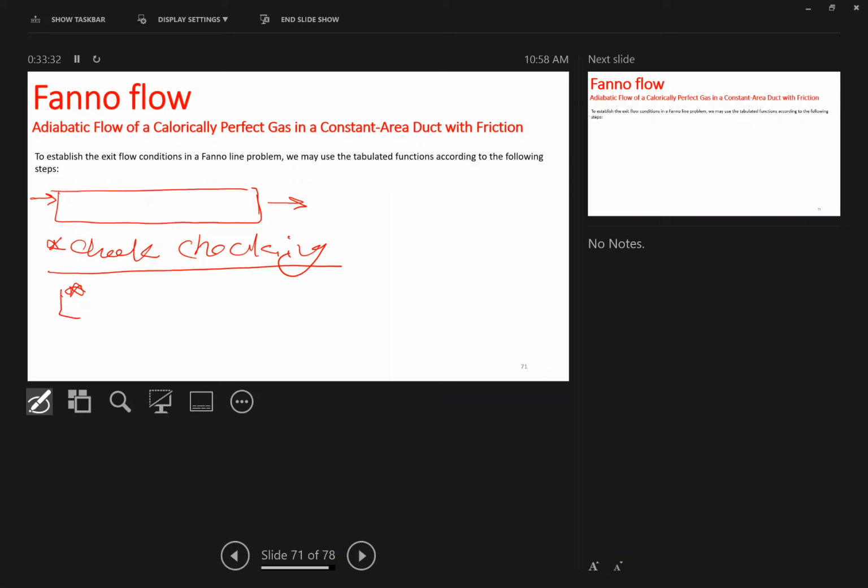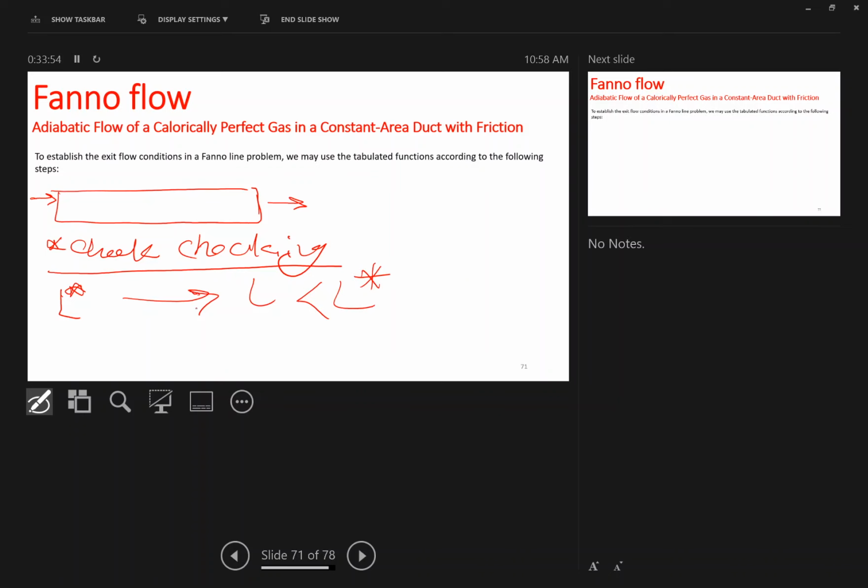It's pretty simple, right? Either your length is larger than L star, or it is equal to L star, or it is smaller than L star. Let's start with the smaller one. Let's say your length is smaller than L star.